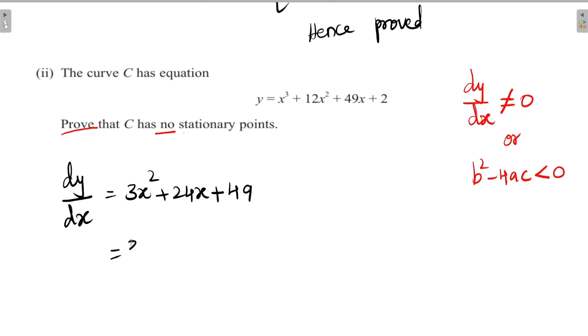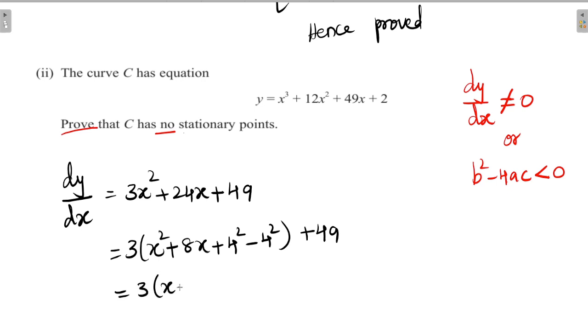So 3 times (x squared plus 8x). Now let us make a perfect square. Half of this 8 is 4, so let's add 4 squared and minus 4 squared, plus 49. Now the first term is going to be 3 times (x plus 4) the whole squared minus 16, so minus 16 times 3 plus 49.